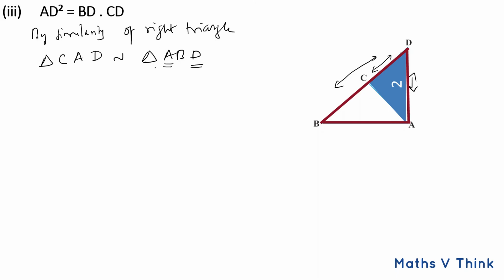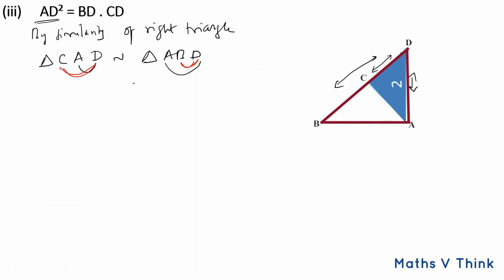Now can I tell the corresponding sides are proportional? So mark AD, AD and AD. So now in the first triangle, second one and third one is involved. So in the second triangle also I'll take the second one and third one. And in the second triangle, first and the second one is involved. So here also I'll take the first and the second one.